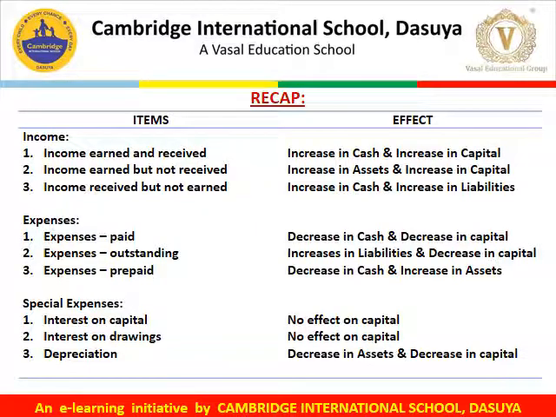Interest on drawing is also an income for the business, but we are not receiving the interest on drawings from the owner, the proprietor, so it will also have no effect over the capital. Depreciation. Depreciation is the reduction in the value of assets due to normal wear and tear and expected obsolescence, means outdated in technology. So depreciation will have the effect of decrease in asset and decrease in capital.